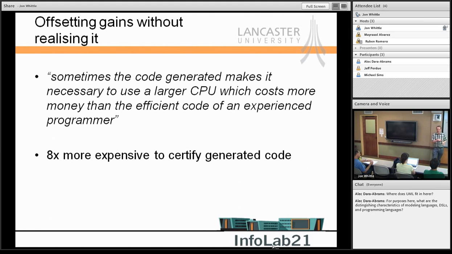Interestingly, the client actually said, that's fine, go ahead, we'll pay the money, because they'd already gone so far down that path of investing in model-driven development technology that it was too late to go back. But the moral of the story is that once again, they thought they were getting savings by using code generation, but they ended up with losses in another part of the organization. So it's an organizational factor. You have to be very careful about gaining in one part and losing in another part.